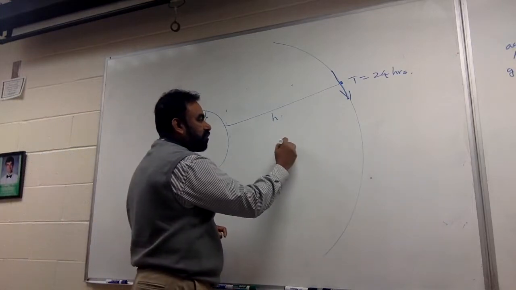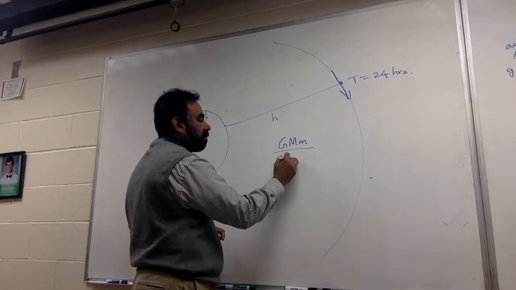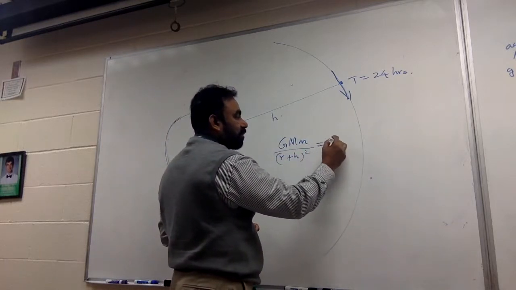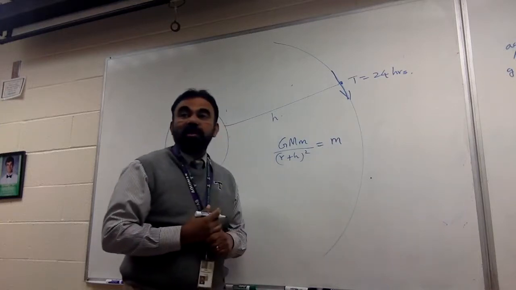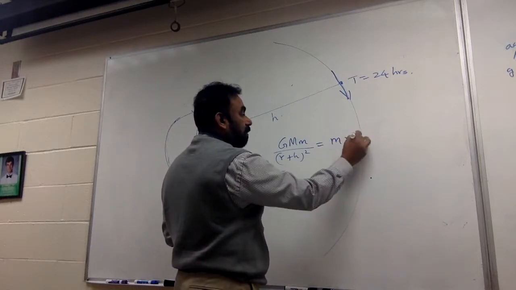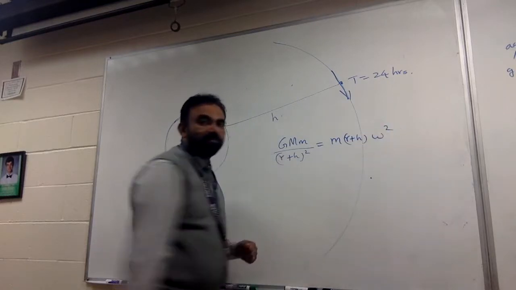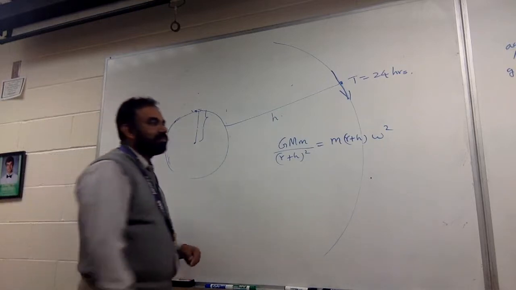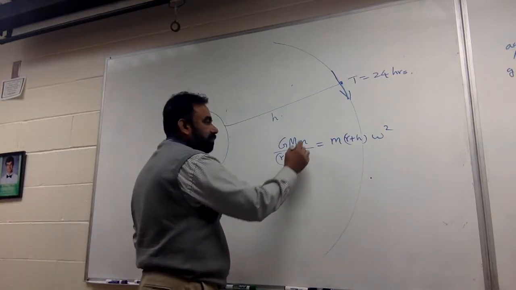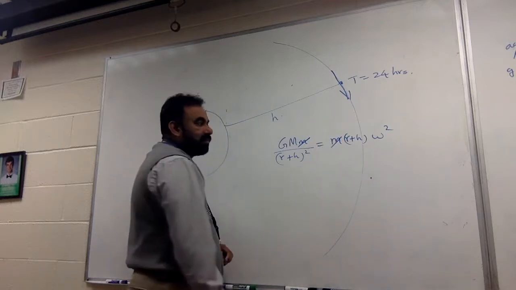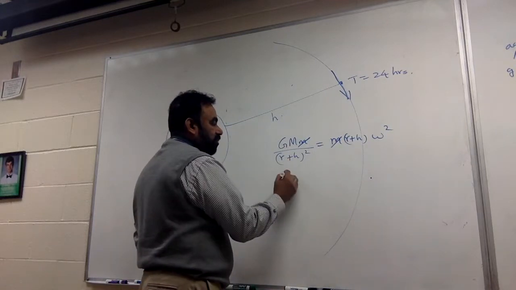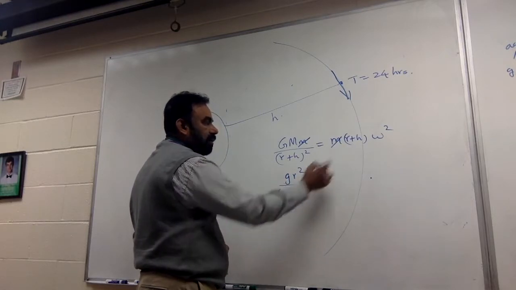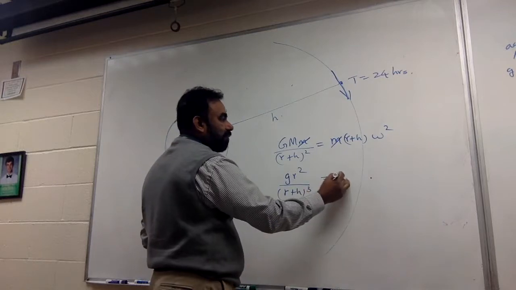We're going to use the formula GMm over (R plus h) squared. That's the formula for the gravity on that satellite, is equal to m (R plus h) omega squared. Why am I using omega? Because I want the time period to come in. Now GM is gR squared, so gR squared over (R plus h) cubed is equal to omega squared.